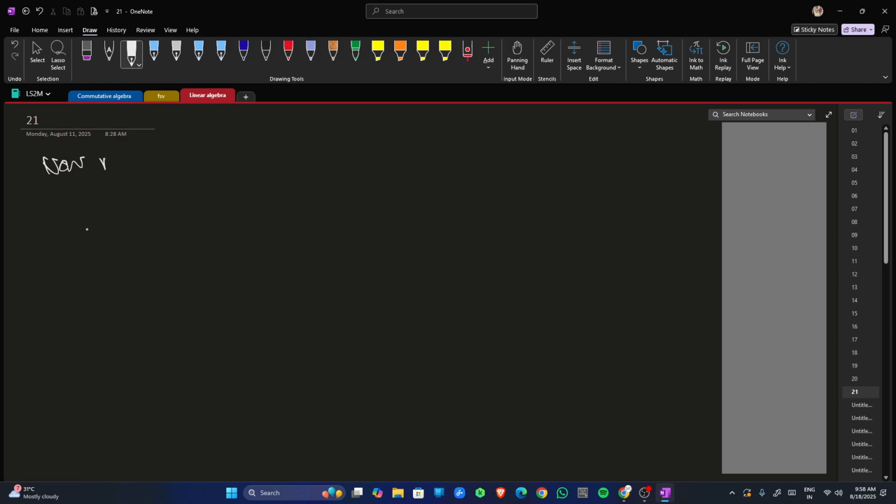Now note that C1 is obtained from A by a row operation.